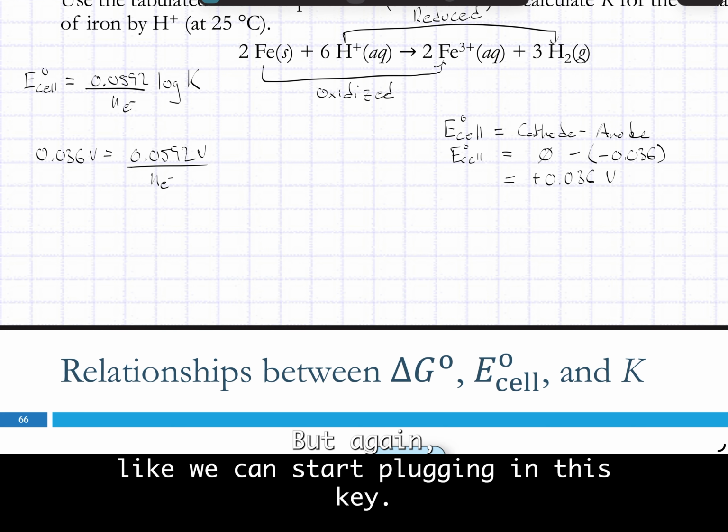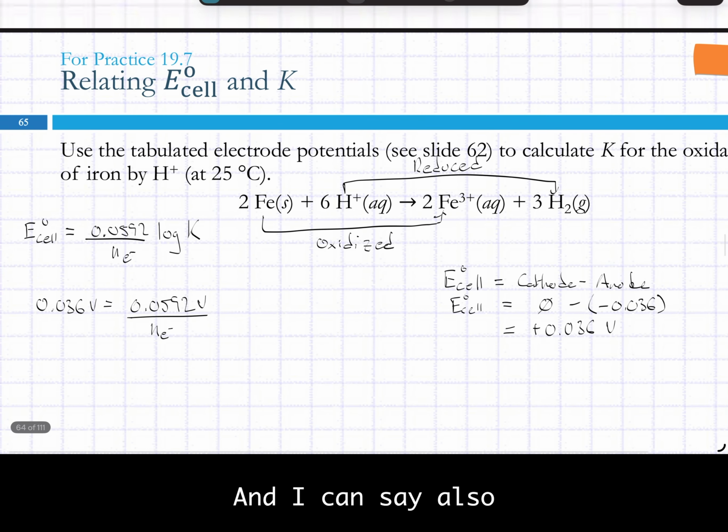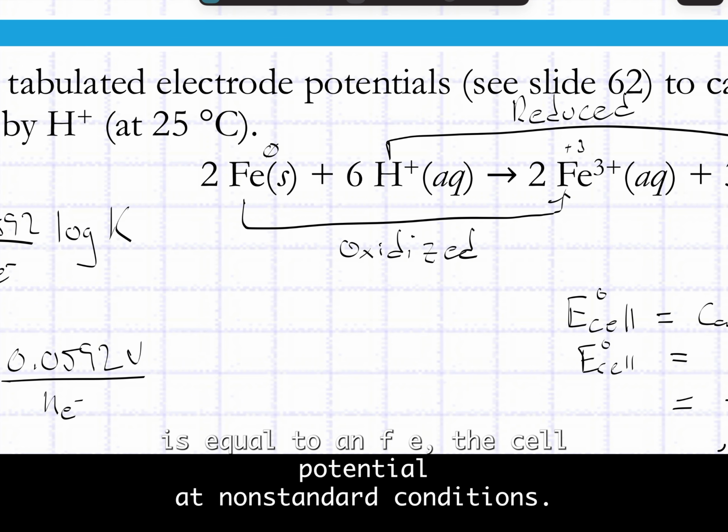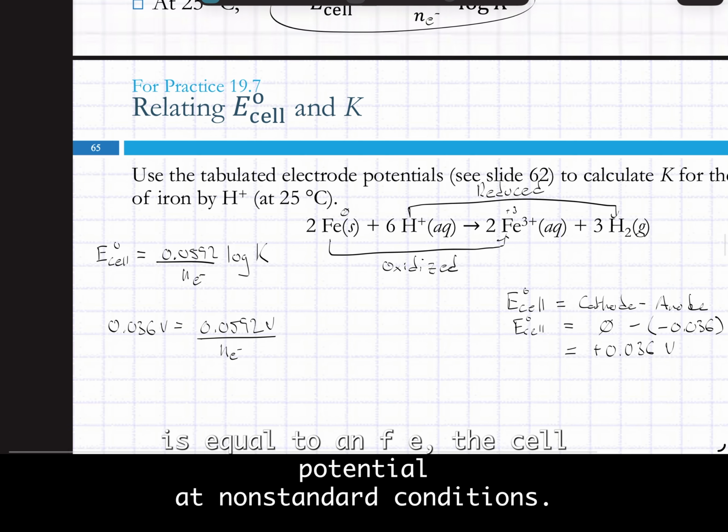I'm not going to go through this whole thing, but we can start plugging in, and I could say delta G at non-standard conditions is equal to negative nFE, with E the cell potential at non-standard conditions.